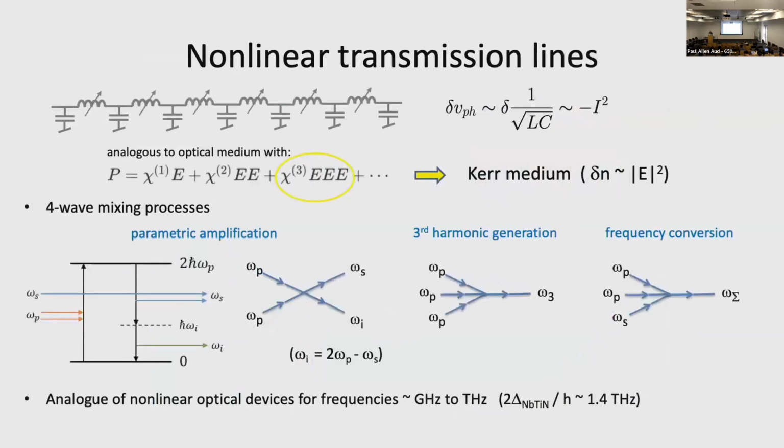The propagation velocity on the line also responds to an AC current, also as I squared. And so the superconducting transmission line is analogous to a Kerr medium, an optical medium with a third order nonlinear susceptibility, where the optical index varies as the intensity of a wave.